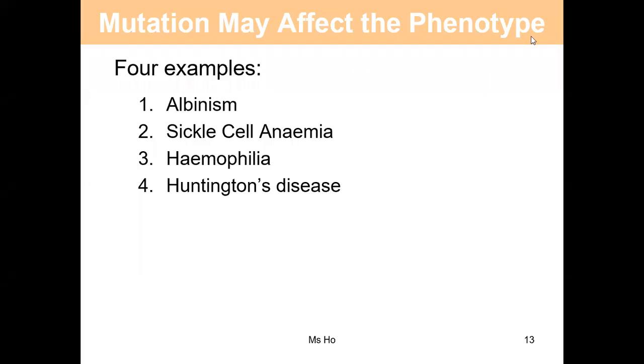So we're going to look at the 4 examples I've mentioned earlier, how mutation may affect the phenotype. Mutation of a gene coding for certain enzymes leads to albinism, sickle cell anemia, haemophilia, and Huntington's disease.